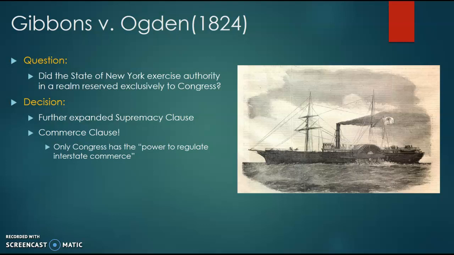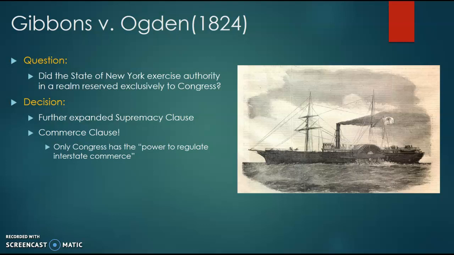And so this ferry boat decision, this very basic ferry boat decision, ended up being a hugely important federalism case. Some might argue that Gibbons v. Ogden and the Commerce Clause it created was maybe the single biggest federalism case, because suddenly the federal government's power over the states was strengthened enormously.